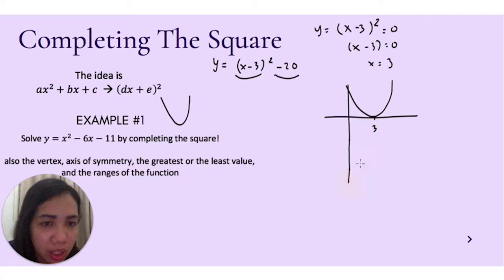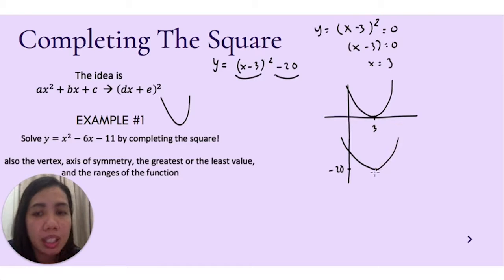So the vertex will be here, at minus 20. So if I shift, the parabola will be like this. Okay, this is the parabola. If it is plus 20, then the parabola will shift upward.